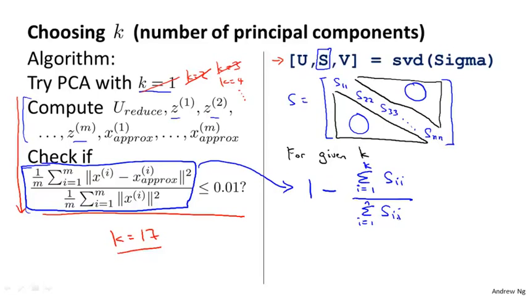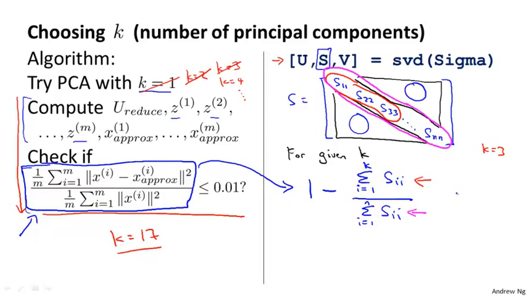To say that in words, if k equals 3, to compute the numerator we sum from i equals 1 through 3 of Sii, so we just compute the sum of these first 3 elements. For the denominator, that's the sum of all of these diagonal entries. And 1 minus that ratio gives me this quantity that I've circled in blue.